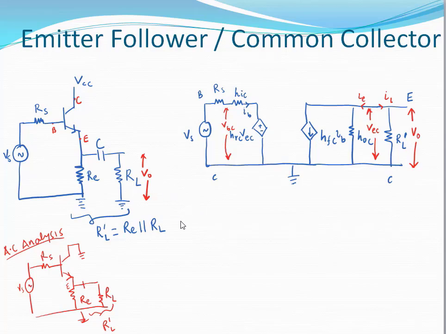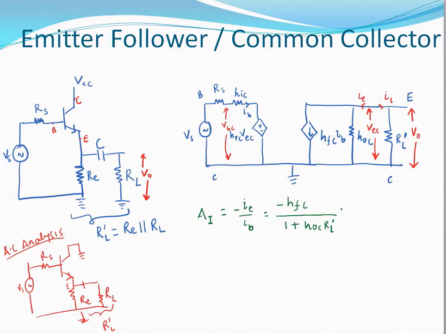The first one is the current gain, which is equal to minus IE by IB, means the current gain would be IL by IB, and IL is in the opposite direction of IE, so we can write it like IE by IB, and this will come as HFC by 1 plus HOC RL dash.